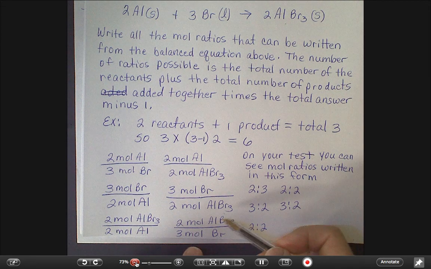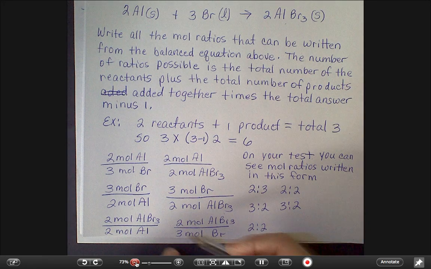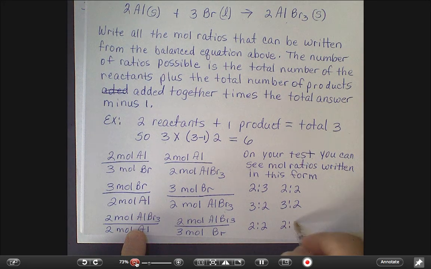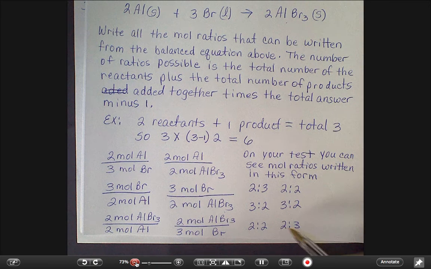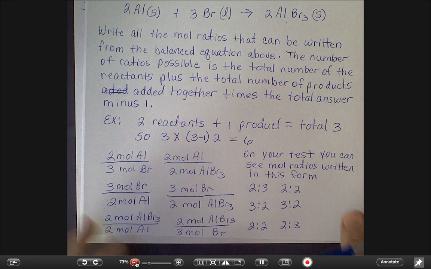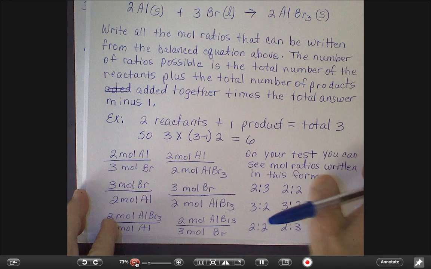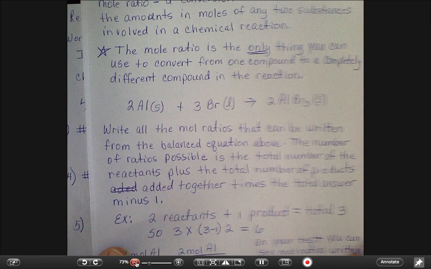And if I asked you what is the mole ratio of AlBr3 to Br, you would say, okay. So the one they ask you first always has to go in the front. All right? So be sure you understand that. Okay. Moving on. Getting to the nitty-gritty now. Anybody have questions over how to write mole ratios?